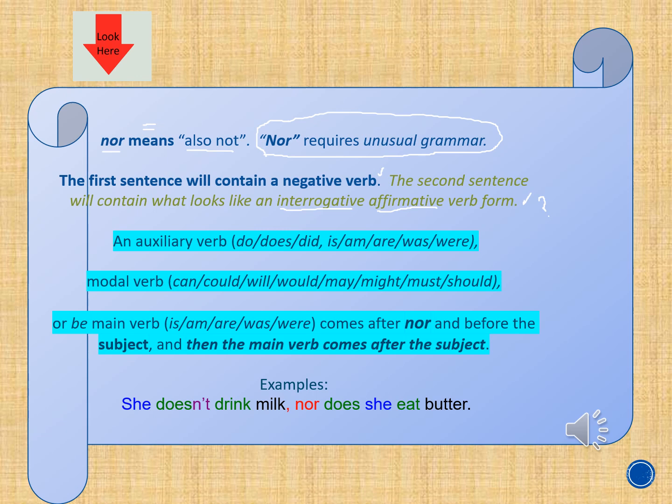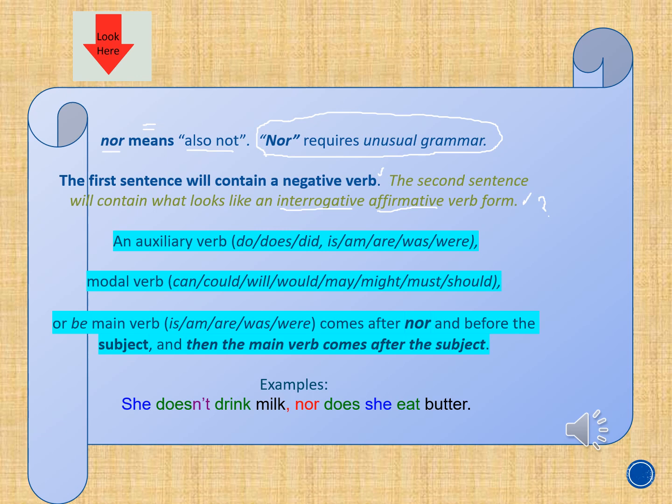If you are using a modal, you need to have these things in consideration. But the trick here is that you are going to be able to see it, so you are going to be fine, because the one that is going to guide you is your first independent clause.